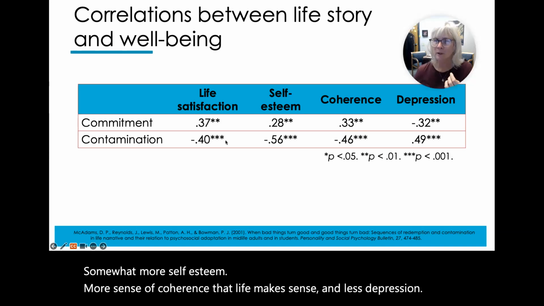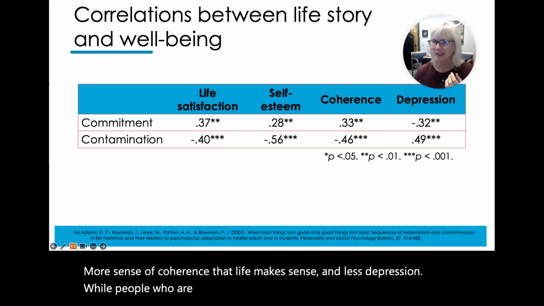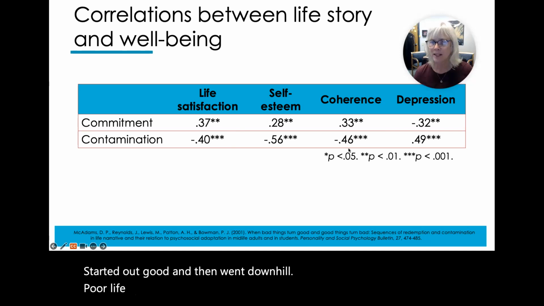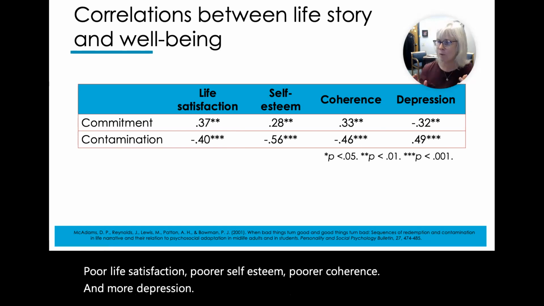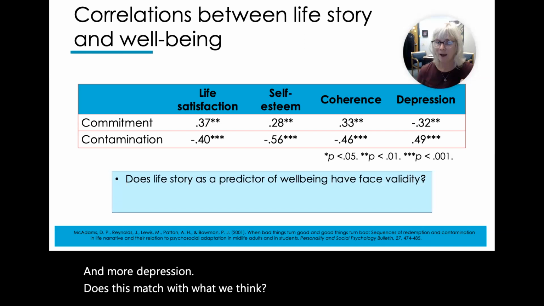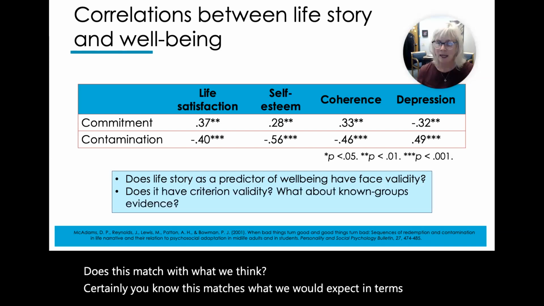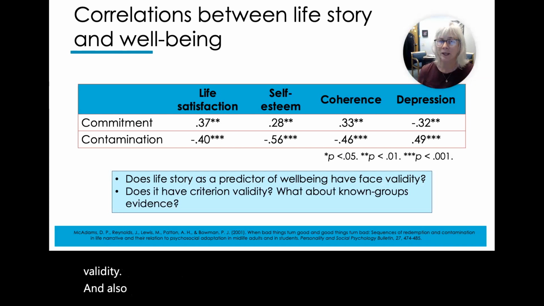While people who are telling stories like, it started out good and then went downhill, would report poorer life satisfaction, poorer self-esteem, poorer coherence, and more depression. Does this match what we think? Certainly, this matches what we would expect in terms of face validity and also in terms of criterion validity and known groups evidence.